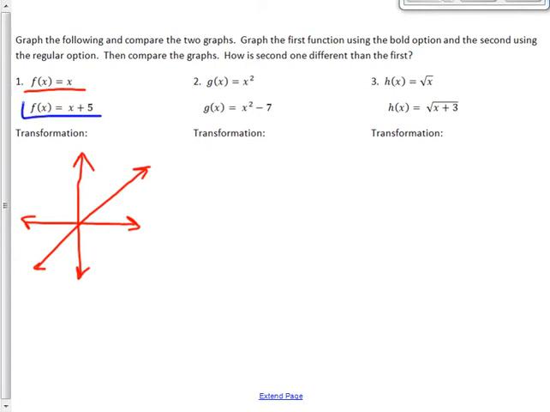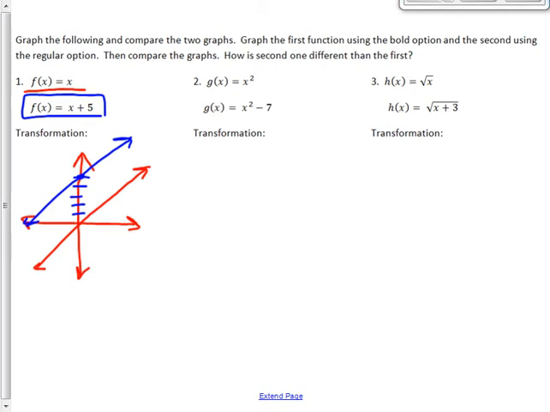When I do this to it, when I create this transformation, I'm putting a +5 on the outside. So just from the last thing that we did, this is going to go up 5 units, and it's going to be the same exact line, just up 5. Okay?